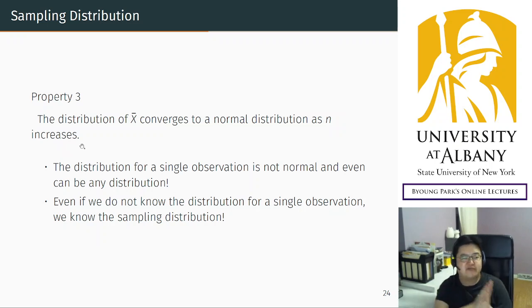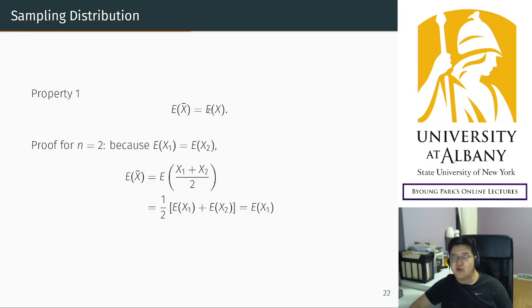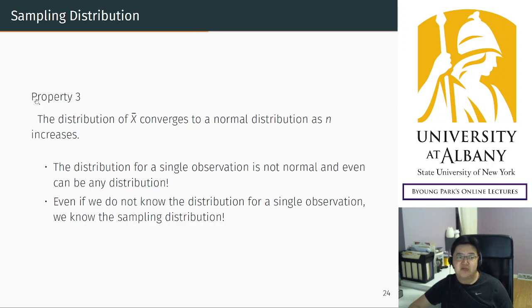This is more powerful than the previous properties because in the previous properties, you should know the variance or the mean of a single outcome. But property number 3 says that no matter what the distribution of a single outcome is, the sampling distribution is normal. Really powerful. You don't need to know what happens in a single outcome.